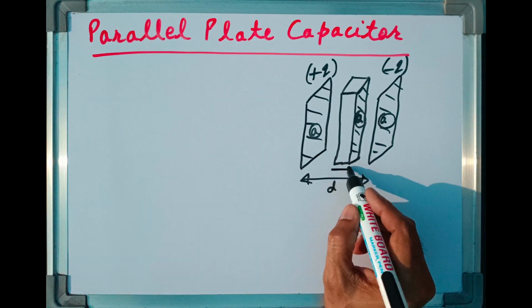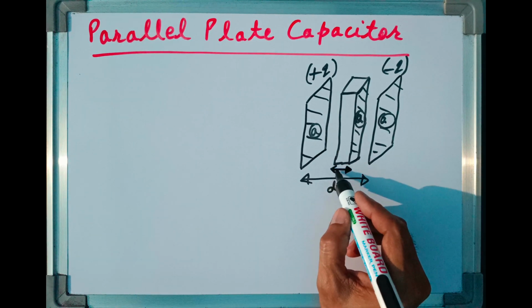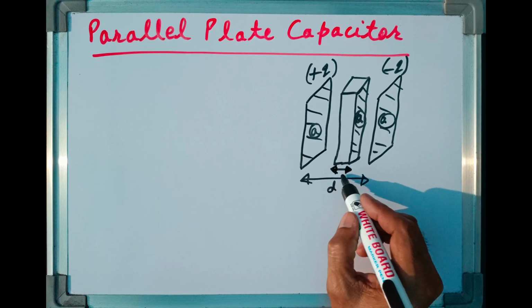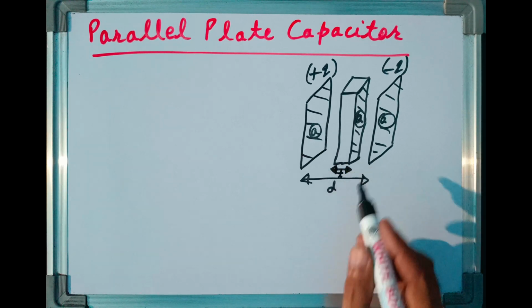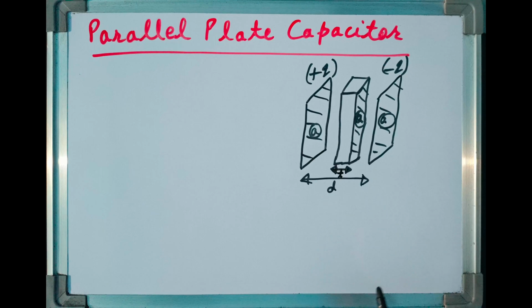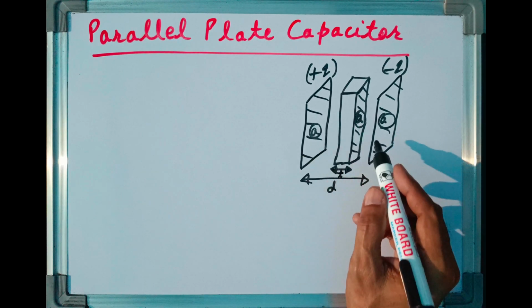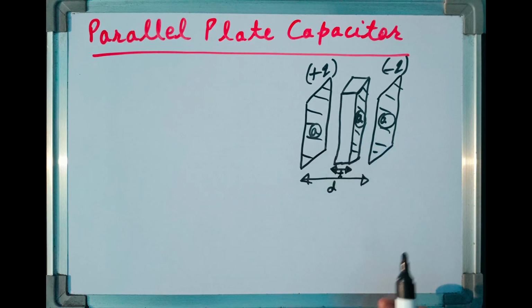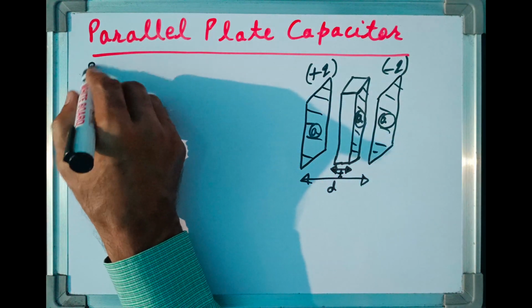Let us suppose t is the thickness of dielectric slab that is held between the two plates. So the whole space between the plates can be supposed to consist of two parts.